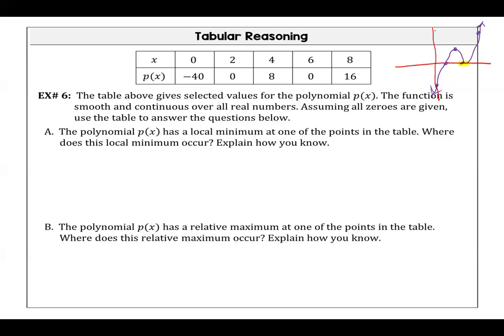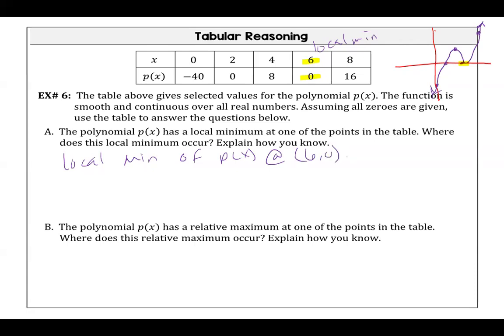Even though it's not drawn accurately, that's where it is. So I'm going to write: local min of P of X is at 6, 0.